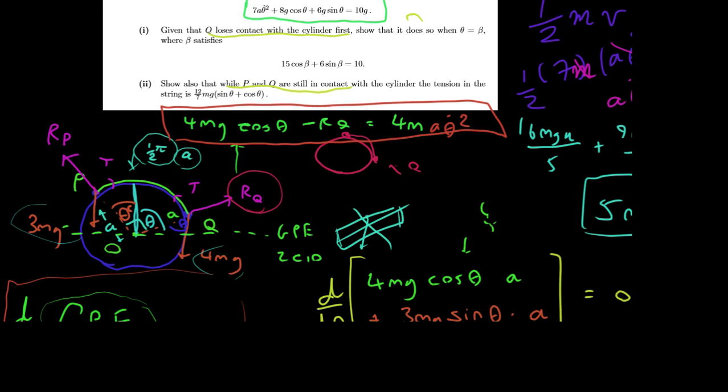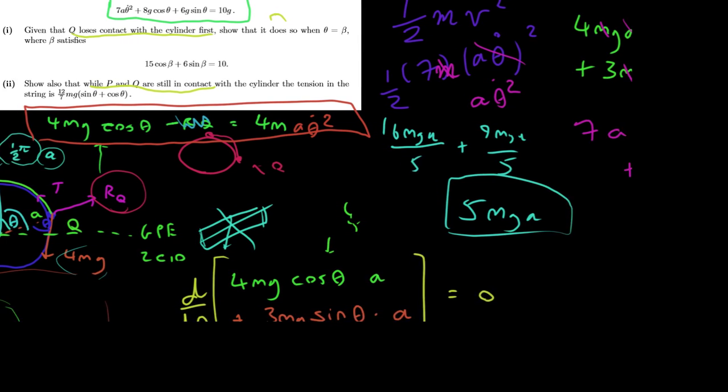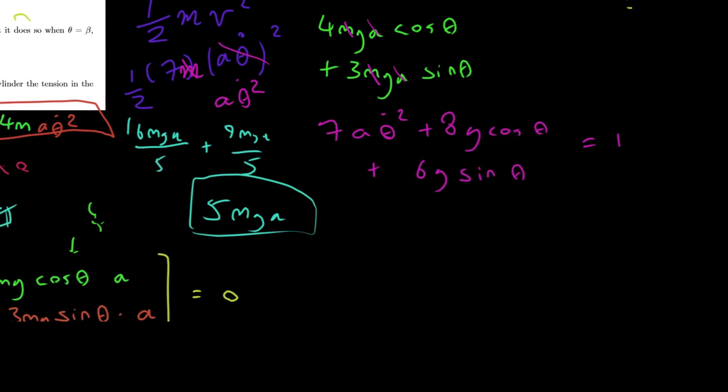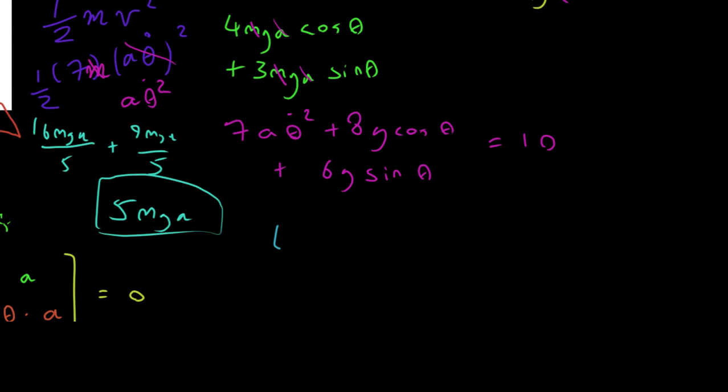So really, all we have to do is take this equation and set RQ to be 0. If we set RQ to be 0, we will have 4mg cos theta is 4ma theta dot squared, and that's going to be satisfied.